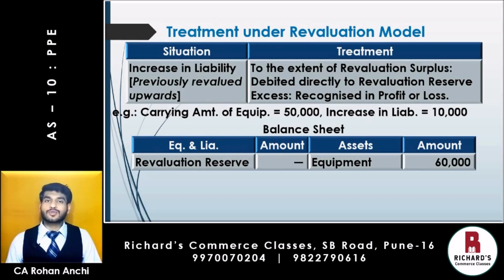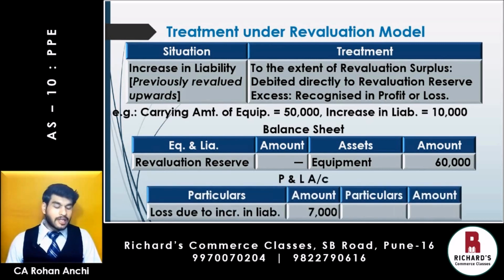But out of 10,000, we have only accounted for 3,000. The remaining should be debited to profit and loss account as loss due to increase in liability, and that is 7,000 rupees. So the entire amount of 10,000 has now been recorded: firstly, by debiting revaluation reserve to the extent of the balance, that was 3,000, and out of 10,000, if 3,000 is accounted, the remaining 7,000 should be debited to profit and loss account.